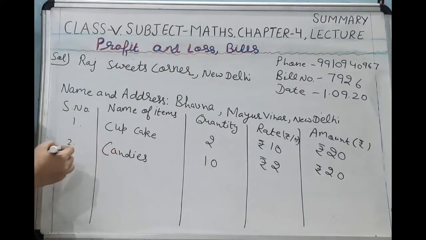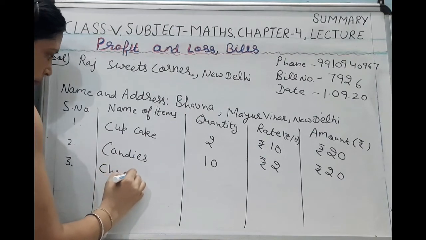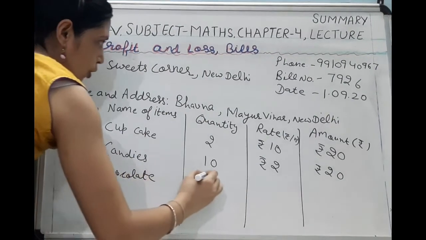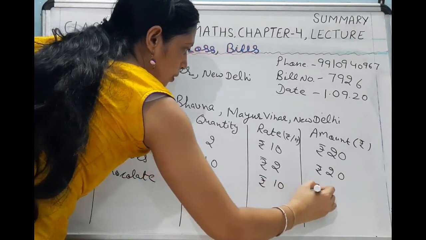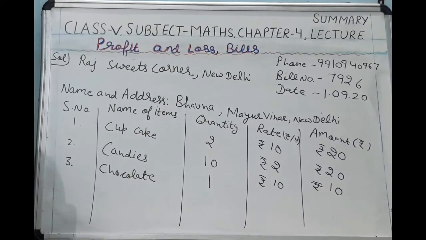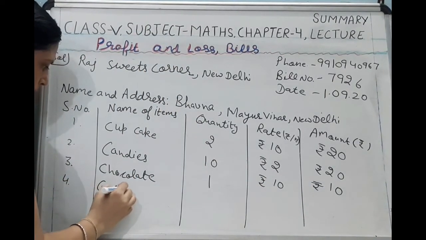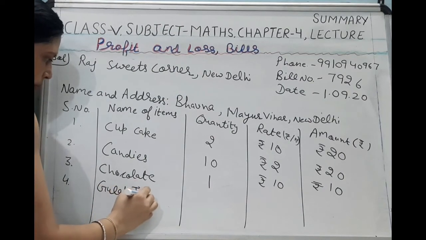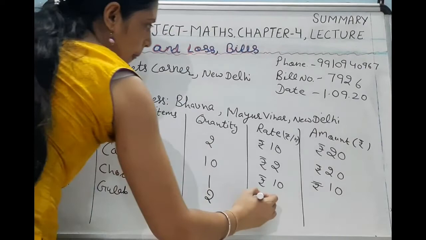Next was chocolate. One chocolate was purchased. Cost was rupees 10. So 10 ones are 10 only. Right? Next was gulab jamun. Quantity 2 pieces.